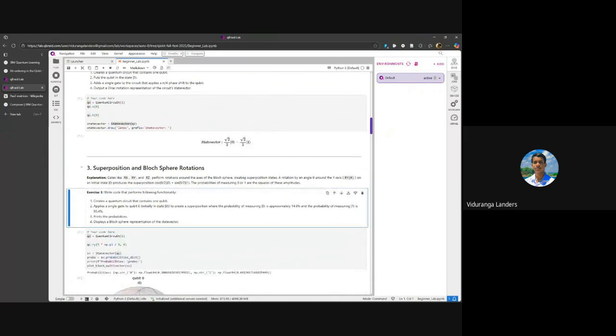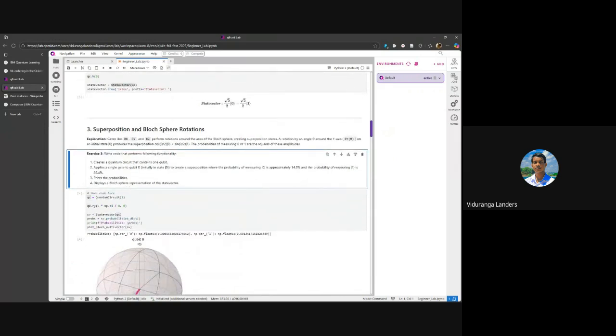Now we are trying to work with rotation gates with custom rotation angles. So you can have rotation X, rotation Y, or rotation Z, and how you measure the superposition.